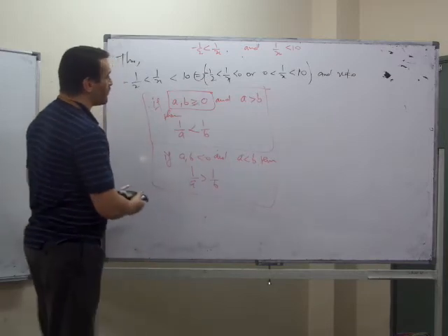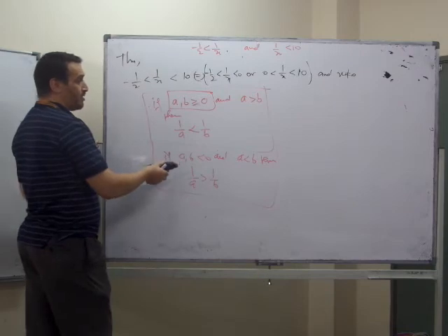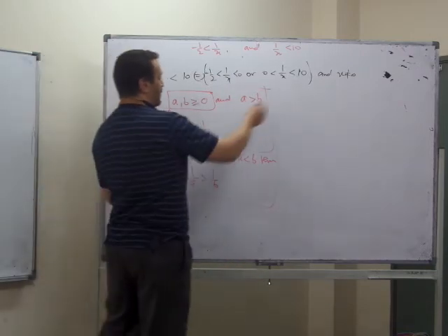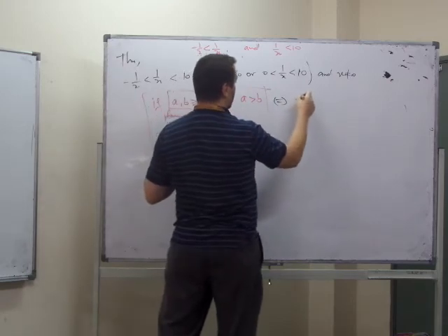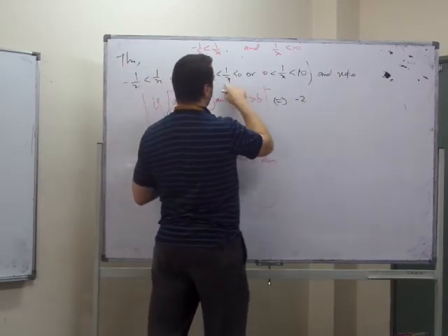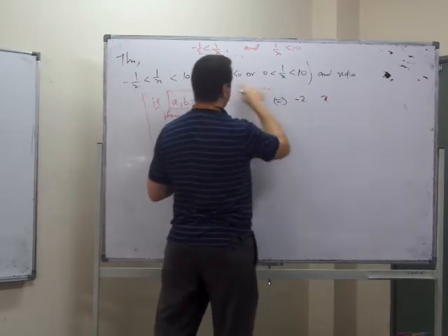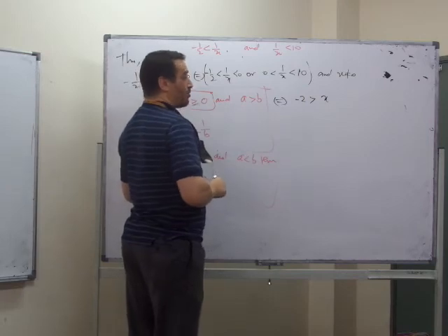Okay? I erase the boxes. Okay, never mind, I'll just pass it. So for the first one, I invert. The inverse of negative half is negative 2. The inverse of x is x, because x is not equal to 0, right? And here I invert the order.